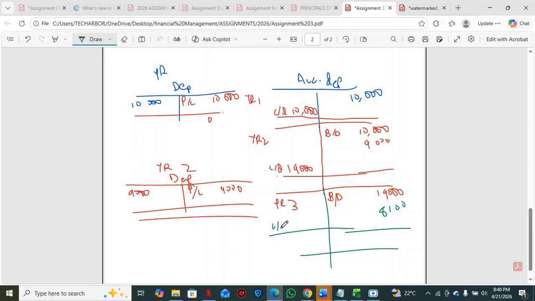So balance carried down 27,100. Balance brought down 27,100.